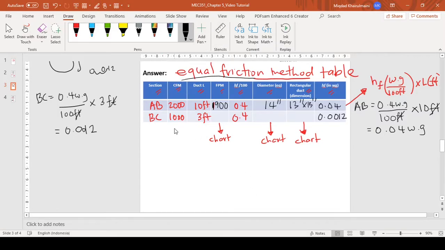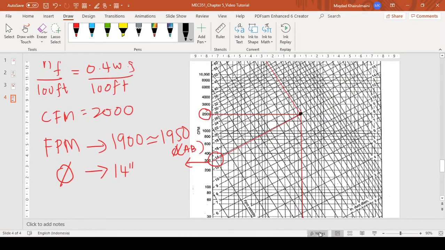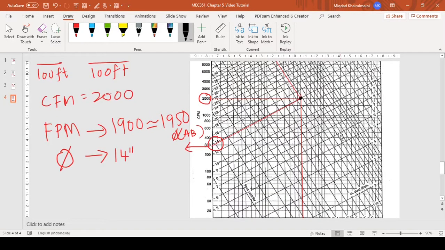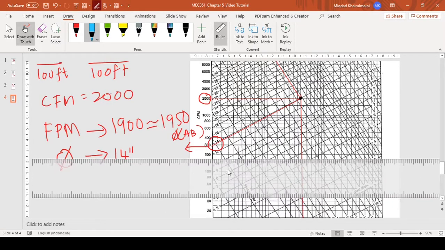So for BC, the first chart here. Okay, so for BC, the CFM is 1000, so we can draw the 1000 line here.